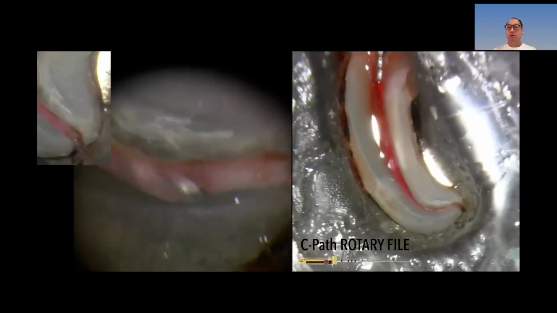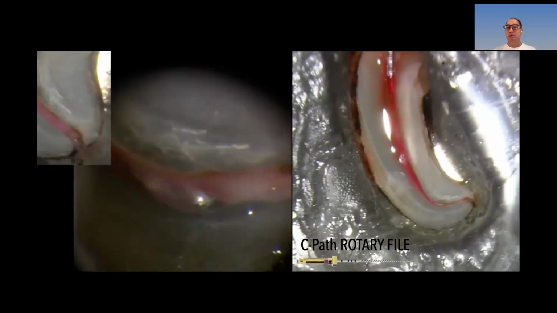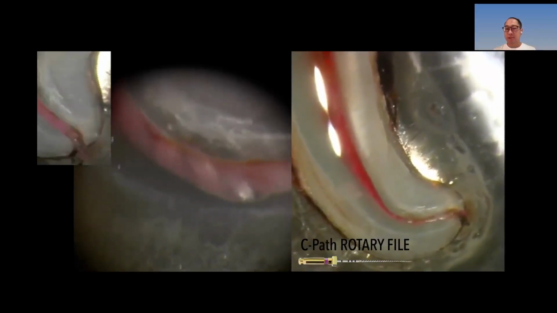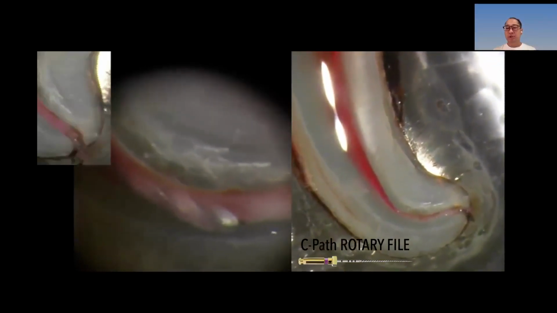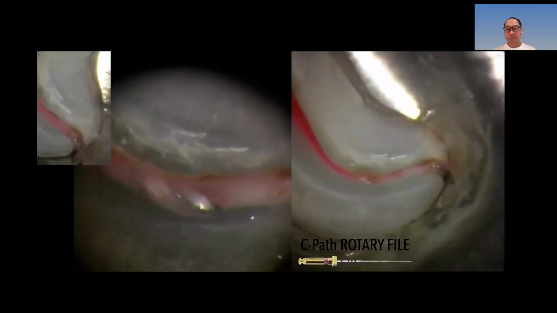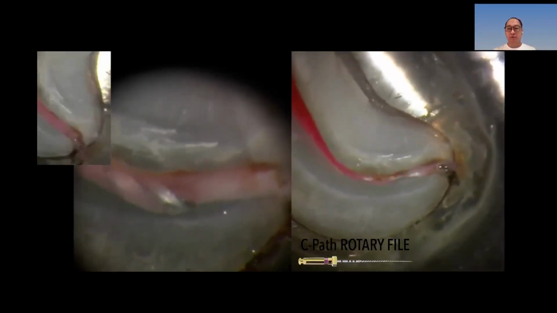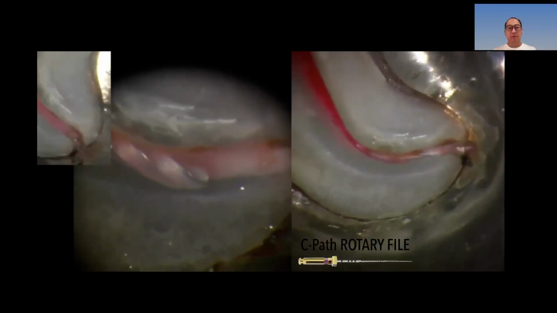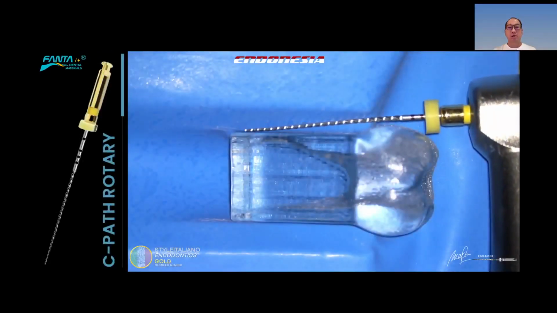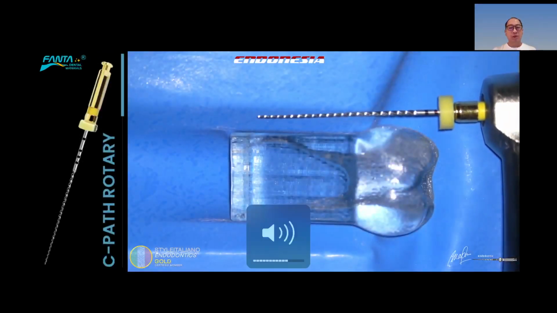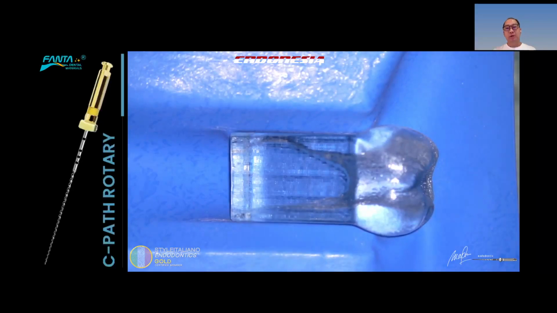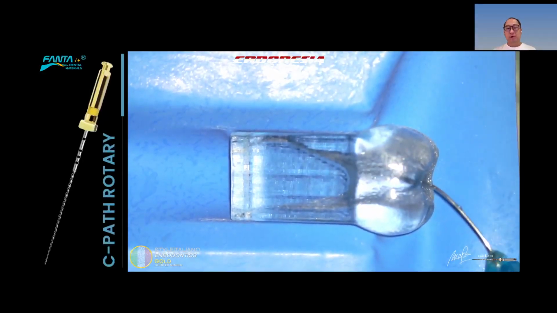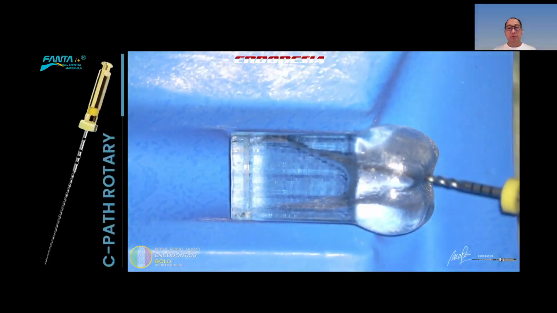Compared to rotary glide path, which can effortlessly slip and slide until it reaches the apical part of the root canal without this kind of risk. So in creating a glide path, I don't think manual is better than rotary. You can see here, always put some lubricant.